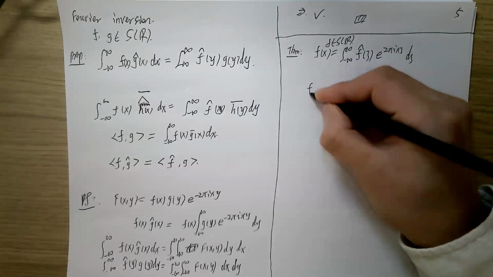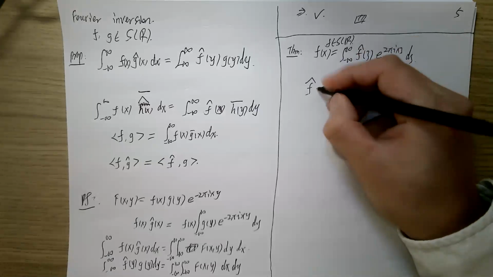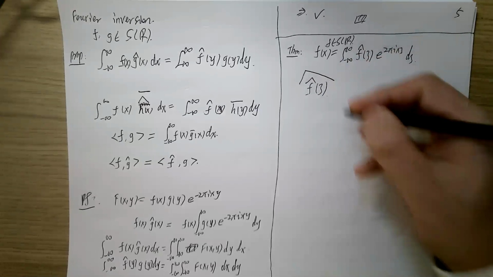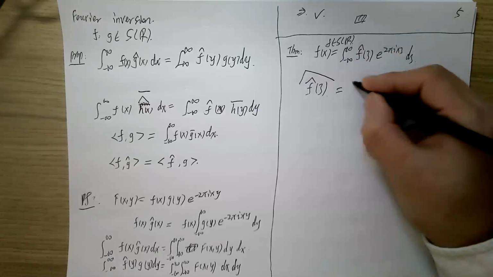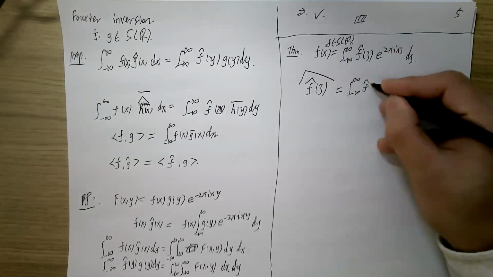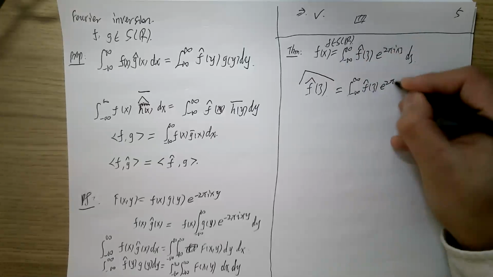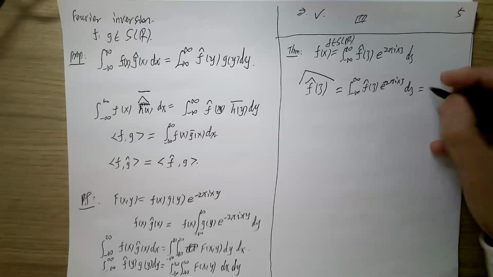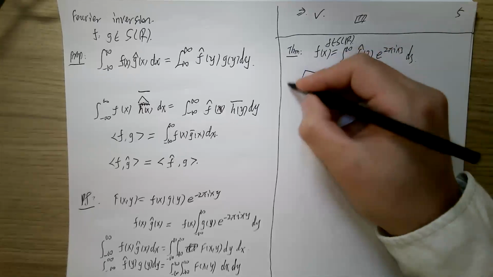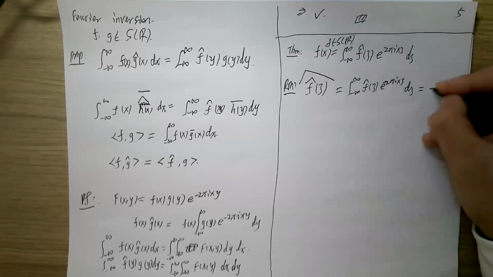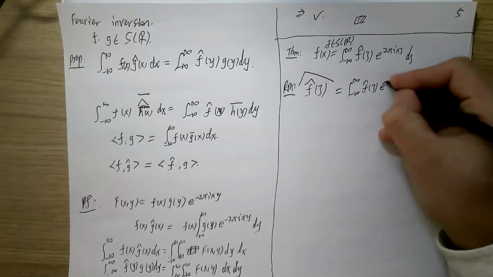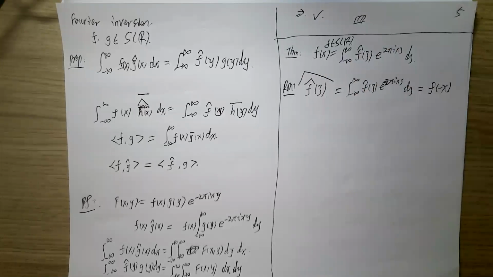So this also means if you take the Fourier transform of this function, and then if you take another Fourier transform of it, what you will get is the integral from minus infinity to infinity of f̂(ξ) e to the 2 pi i x ξ with a minus sign, which by this property should be f(minus x). Okay. That clear?